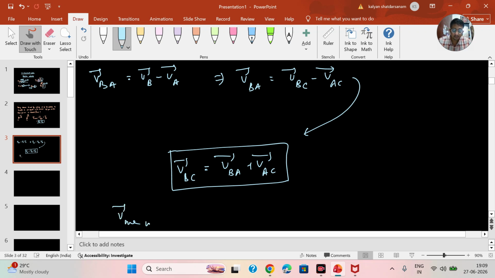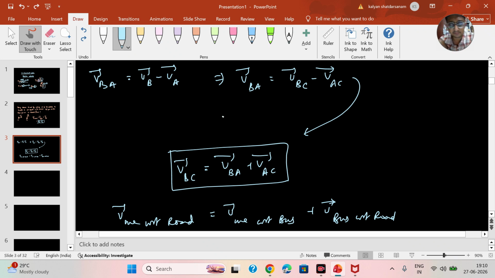Velocity of me with respect to road is velocity of me with respect to bus plus velocity of bus with respect to road. So we are writing it something similar. Velocity of B with respect to C is velocity of B with respect to A plus velocity of A with respect to C. So whichever way you look at it, the concept should be clear. Bring the observer to rest by adding negative of his velocity to himself and all objects in the universe.